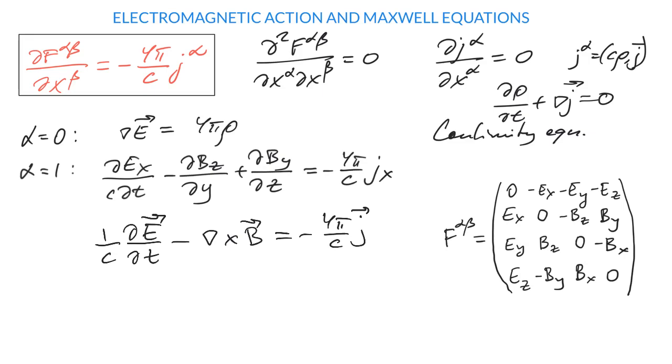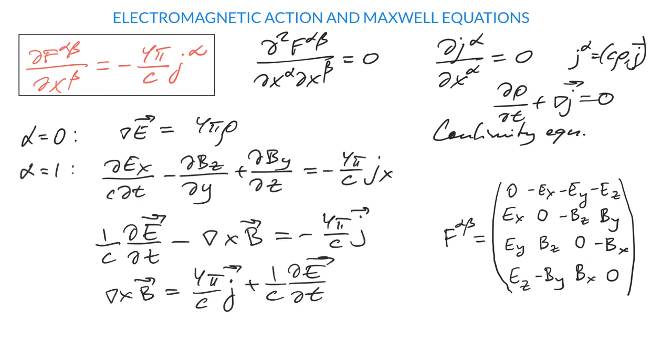So a slight rearrangement will give us the curl of B equals 4 pi over c j plus 1 over c dE by dt. This is the Maxwell equation for the curl of B in Gaussian units.